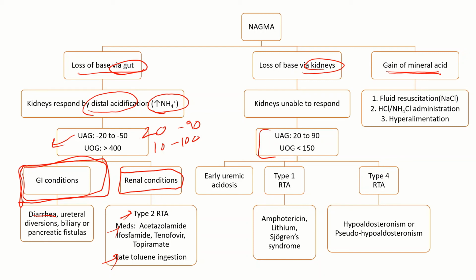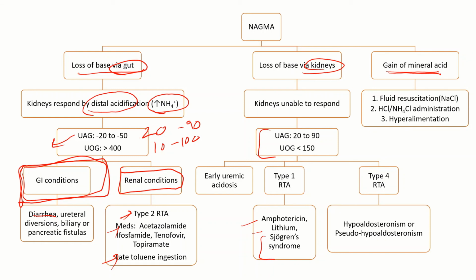This happens in early uremic acidosis, type 1 RTA, and type 4 RTA. There are different causes for type 1 RTA, mainly drugs like amphotericin, lithium, and Sjogren syndrome, and type 4 RTA, which could be hypoaldosteronism or pseudo-hypoaldosteronism.